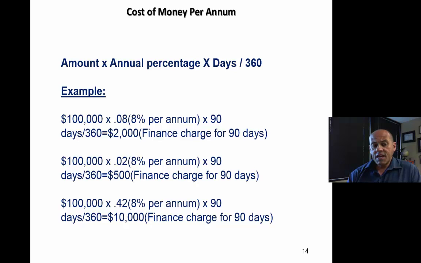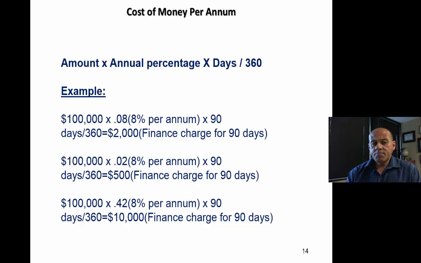The formula for cost per annum is taking the amount of the transaction, taking whatever percentage that you're borrowing at, whether it's bank financing or alternative financing, you take that annual percentage, you multiply by the amount of days that you think you're going to have to wait till you get paid, and you divide by the accounting standard of 360.